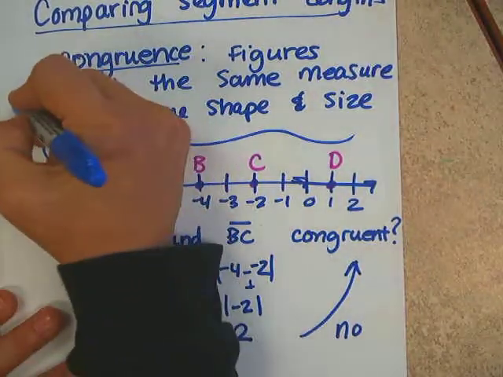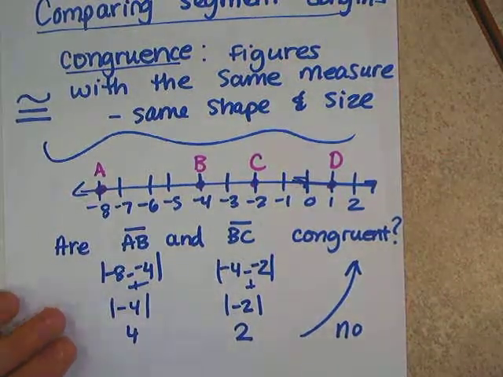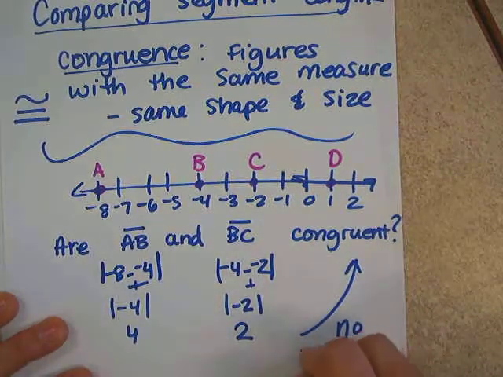So we'd say no. We also should talk about the symbol for congruence. That symbol is an equal sign, but because we only talk about equal with numbers, not figures, we put a little tilde over the top. That is actually the congruence symbol.